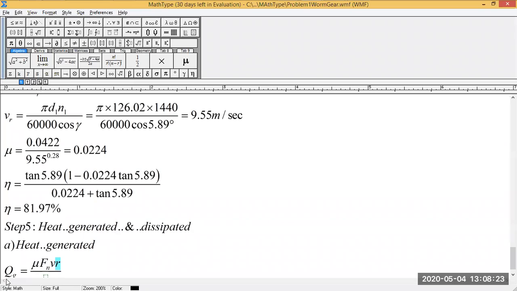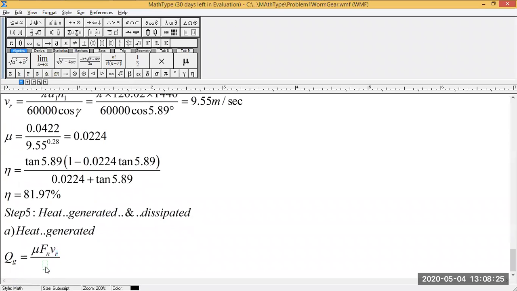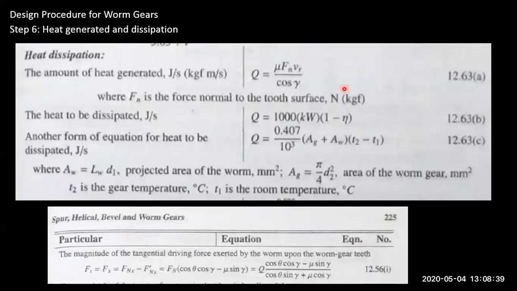We have Vr, then divided by cos gamma. Right. So this is equation 12.638.